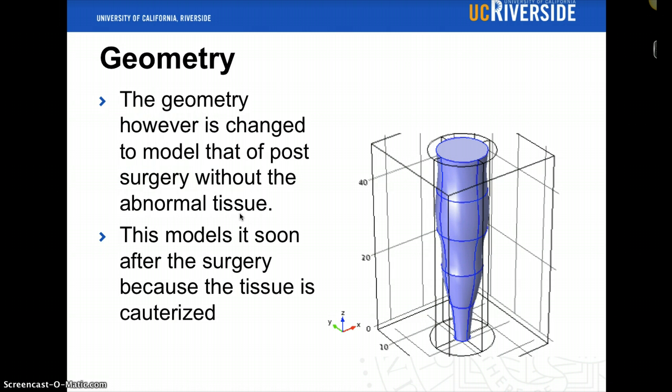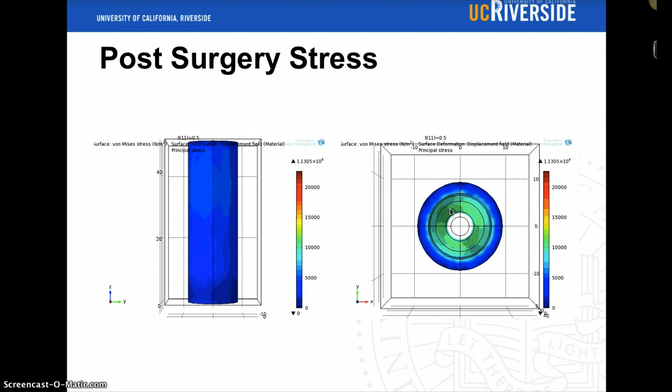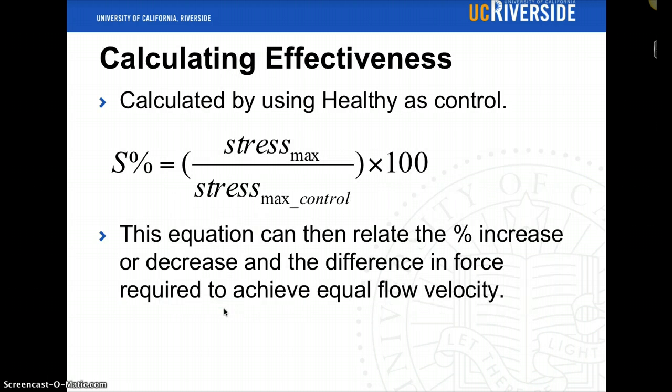But here we can see that there is an increased volume. You can see that there's more space right here. And here you have the different pressure. You can see there's much less pressure than the first one. There's also not as much red, so there's less stress, less bulging out, and that's all simulated in COMSOL.